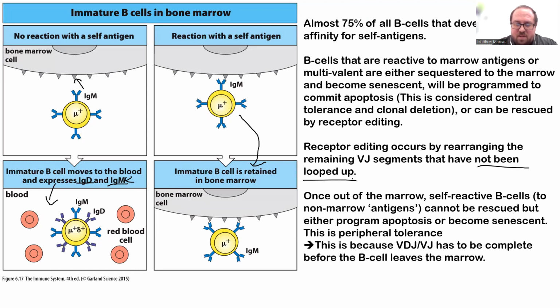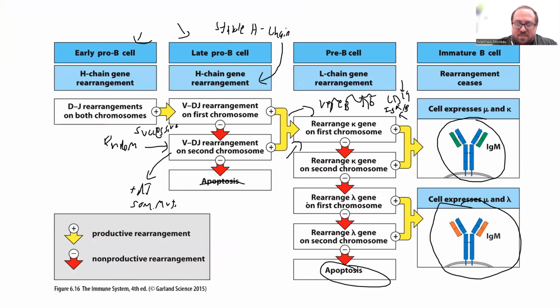So if this is either in the middle of the successive rearrangement in the first chromosome, or at the end of it, and it has occurred on the first chromosome, but it hasn't undergone the light chain rearrangement on the second chromosome, on either kappa or lambda, depending on where it is.